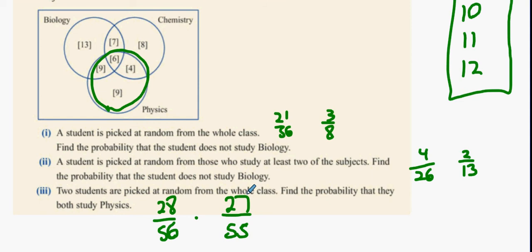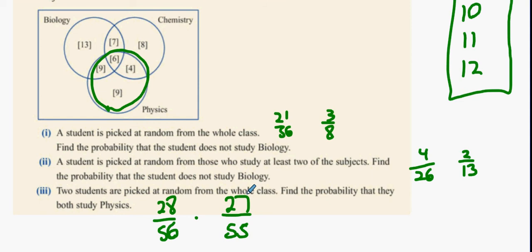Yes? No, two students are picked out. I picked them out one at a time. Then it will not be 26 out of 54. So it's not going to add 26. You do a pick by pick, Aaron. On the very first pick, I have 28 students to pick from out of 56. I pull out a student that does physics.